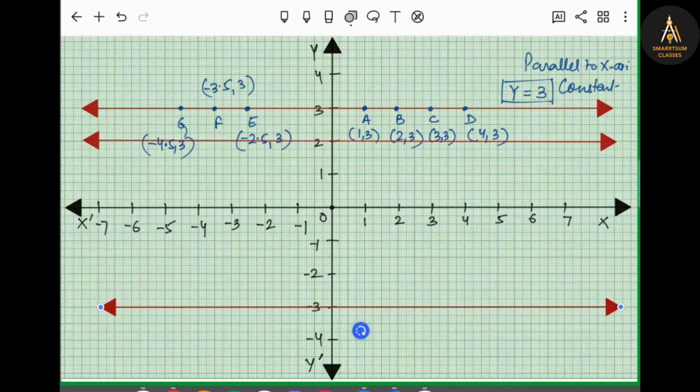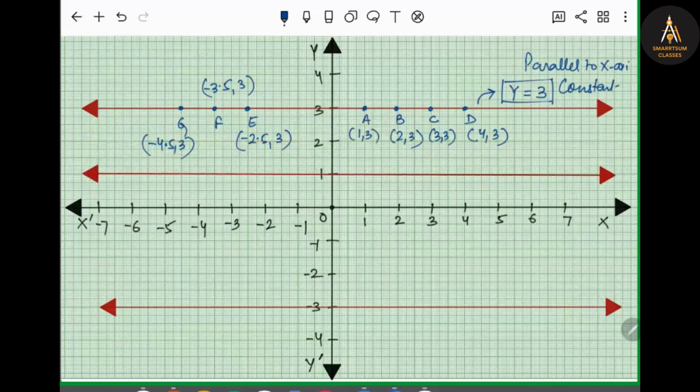Now suppose I'm taking here, this is the line for y is equal to 1. Similarly, this third line is the line for y is equal to -4. So you can see that the value of y is a constant. For all the points which lie on this line, the value of y will be same. I hope you're getting this.